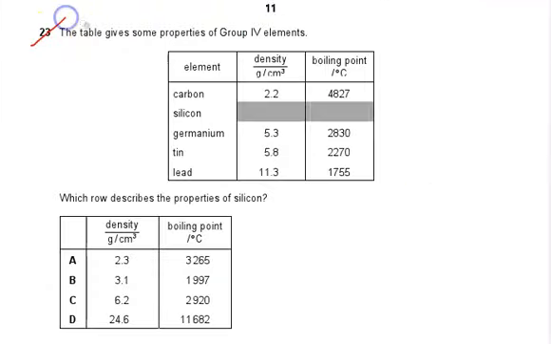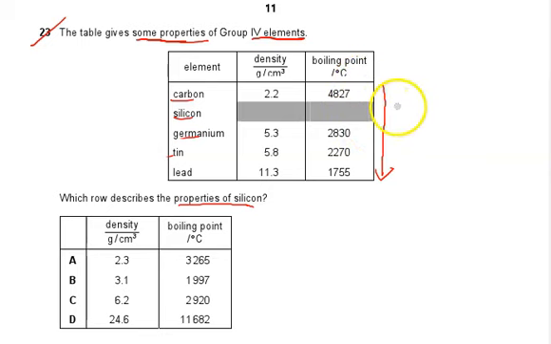For number 23, the table gives some properties of group 14 elements: carbon, silicon, germanium, tin and lead. Which row describes the properties of silicon? If you look at the boiling point, going down the group, the boiling point is decreasing.